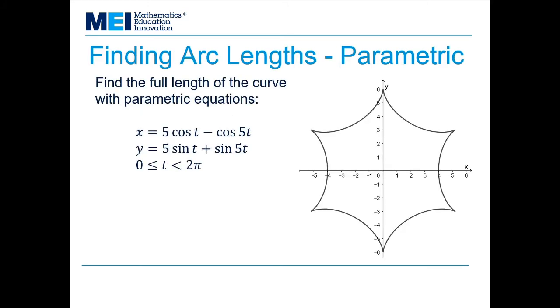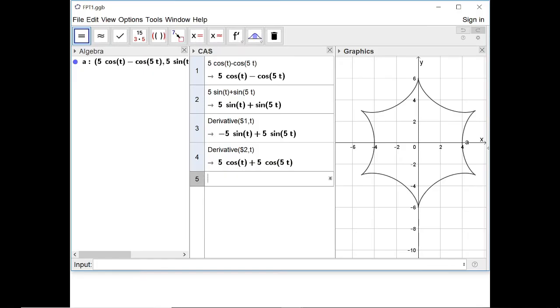So here's a familiar example, the parametric equations x equals 5 cos t minus cos of 5t, and y is 5 sine t plus sine of 5t. We've seen these in a couple of previous videos. So as before, I put in my computer algebra system x and y. I found the dx by dt and dy by dt.